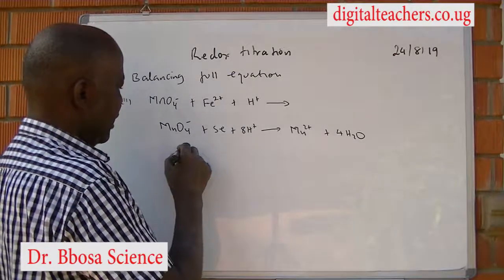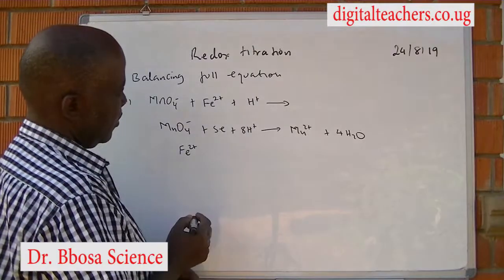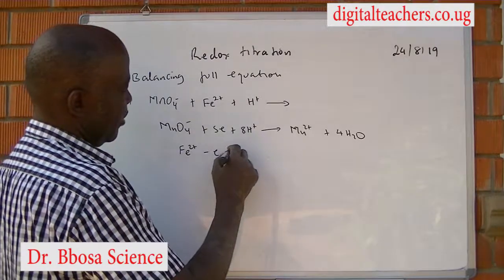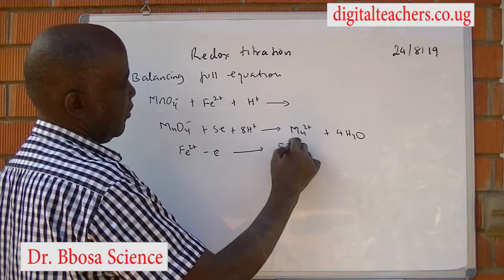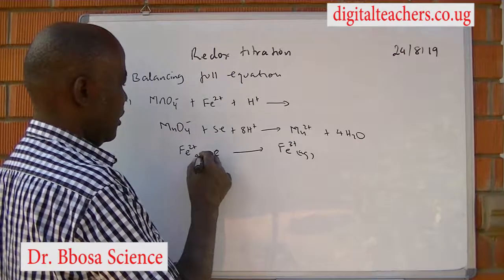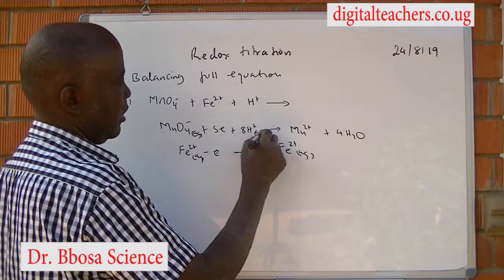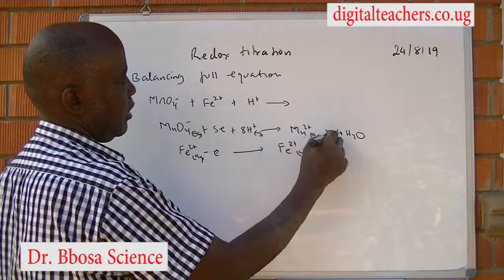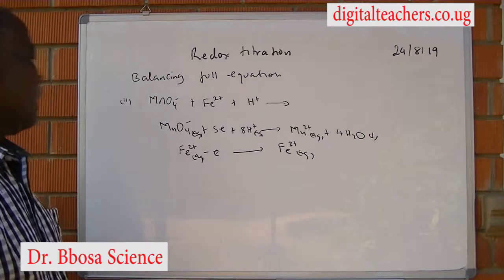Then for iron, it was iron 2 plus minus an electron, it gives you iron 3 plus. We put state symbols.